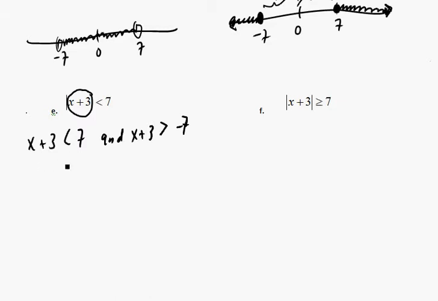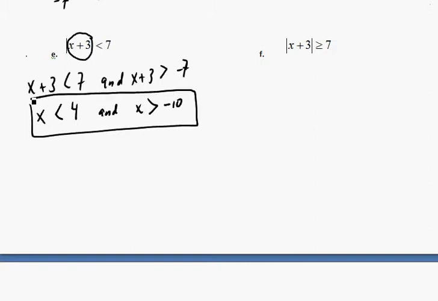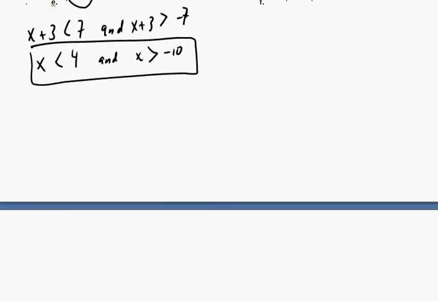And now we can solve each of these inequalities as one-step inequalities. So we would simply subtract 3 and get x has to be less than 4 and x has to be greater than -10. So these are the solutions to our absolute value inequality.